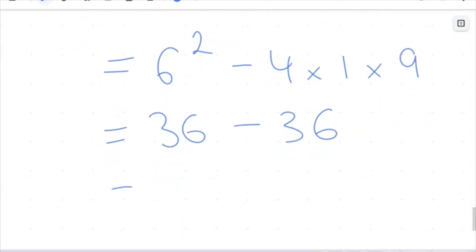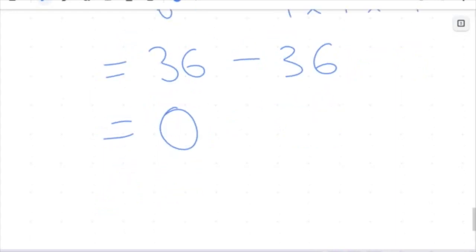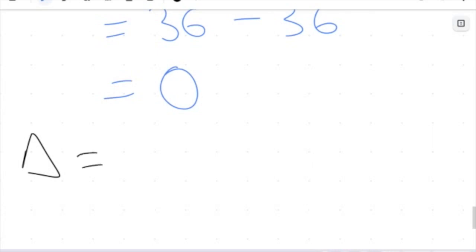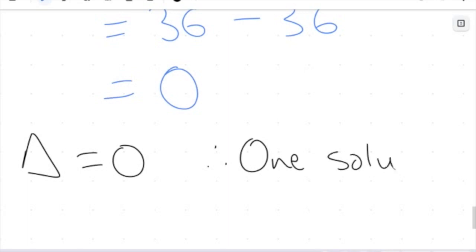And here I get a number subtracted from itself, I get 0. So we can say that the discriminant equals 0, therefore I have only one solution, one unique solution.